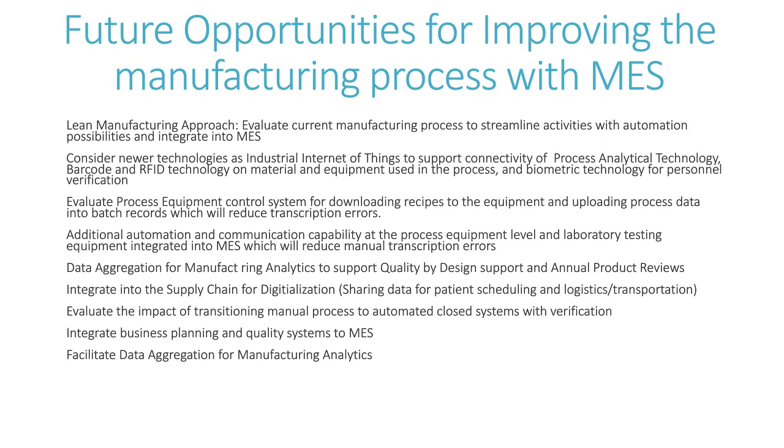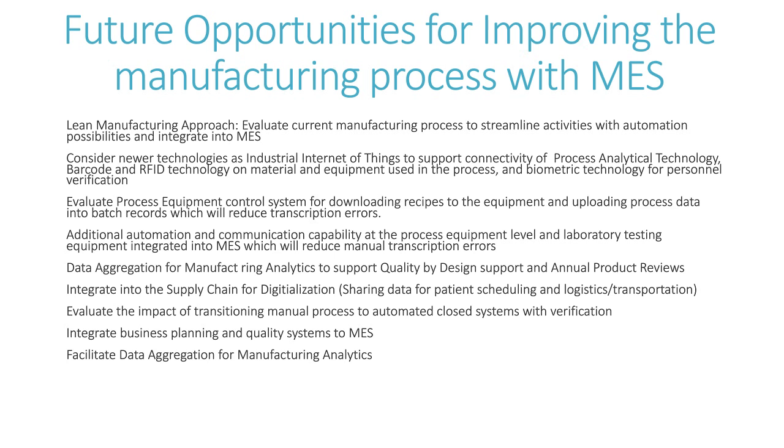So what are some of the future opportunities for improving the manufacturing process with MES? I think sometimes people don't think about that, but once you have an MES, you can do a number of other things. You can evaluate your current manufacturing process and see how you can lean it out. Looking at the activities and possibly automate activities to reduce the cycle time, improve the quality, and then integrate that into MES for documentation purposes.